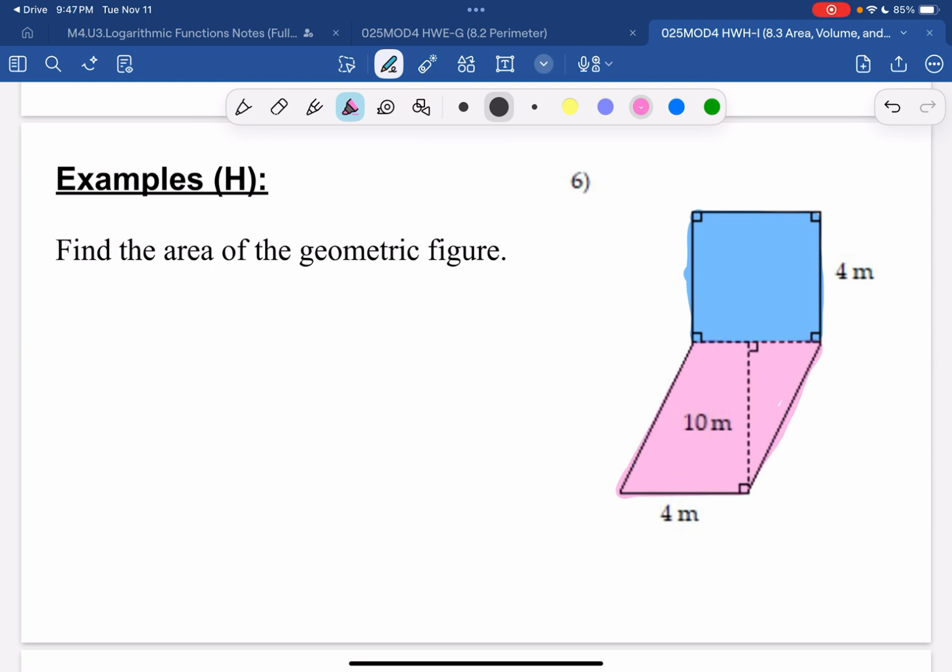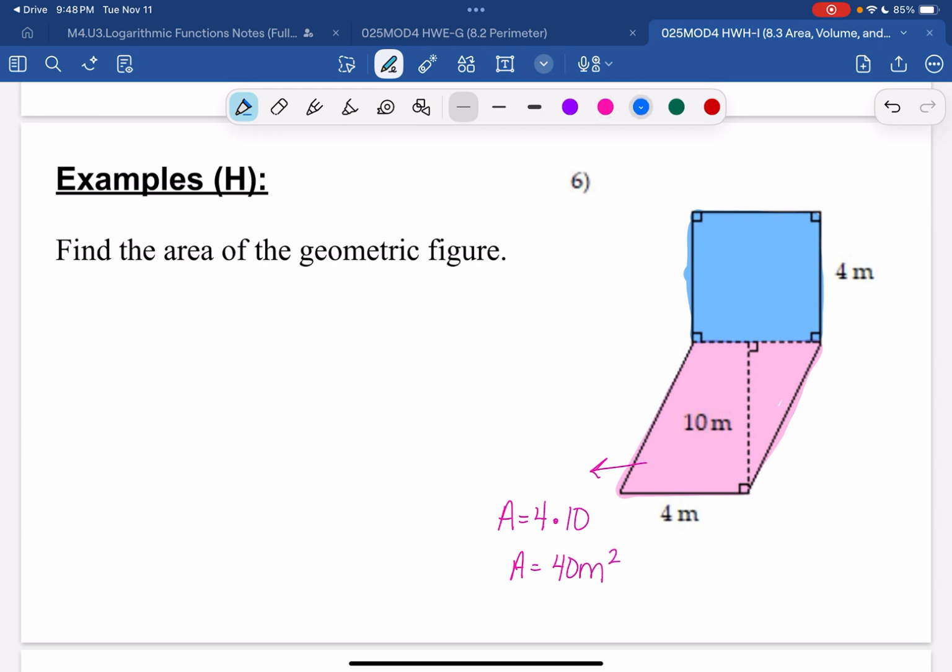All right. So if we look at this one, we've got the pink one. That's a parallelogram for sure. We've got 4 as our base, then we've got 10 as our height. So that area, 4 times 10, 40 meters squared.